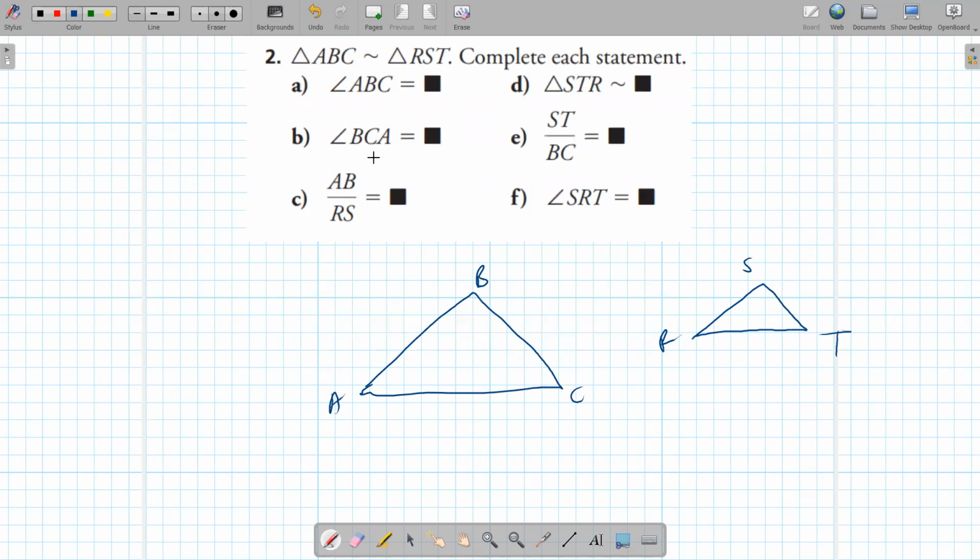Angle RST. Correct. Angle BCA from the big one is the same thing as what? STR. Yes, angle STR. Look at C. AB over RS is the same thing as what over what?